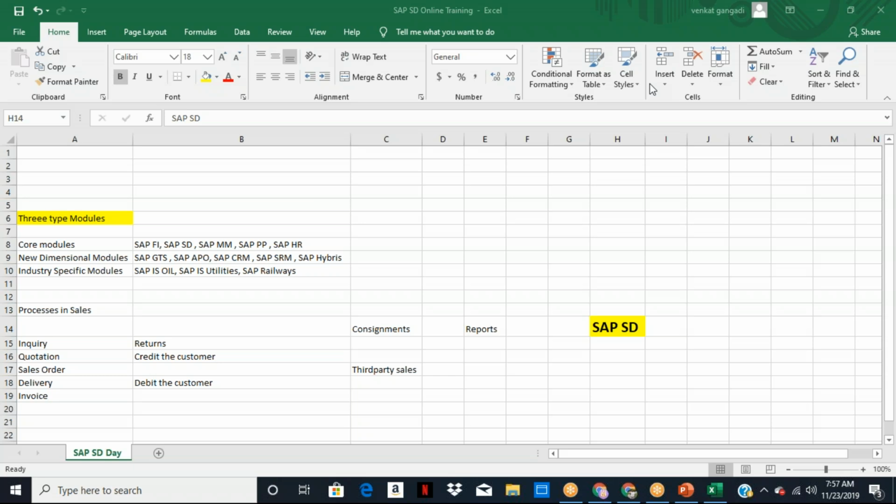The sales information system is nothing but all the standard reports. All the standard reports will take care of this.